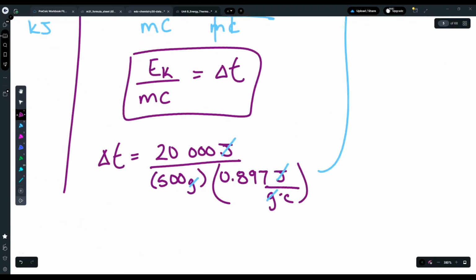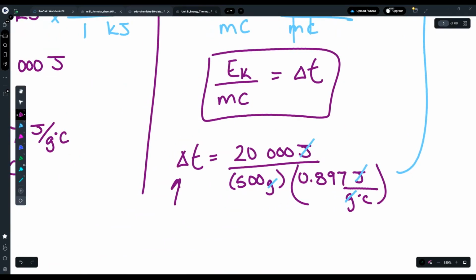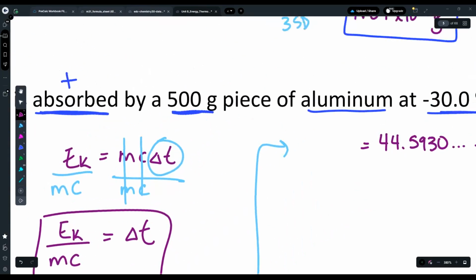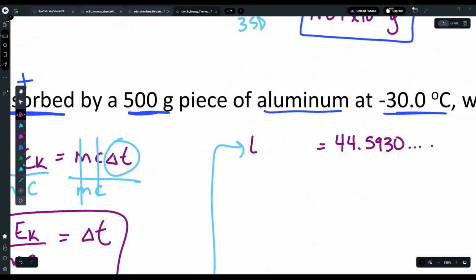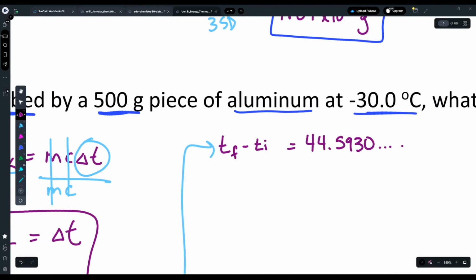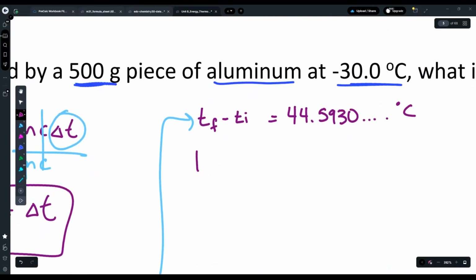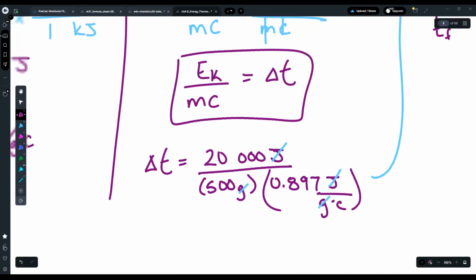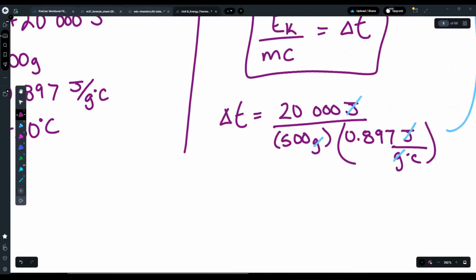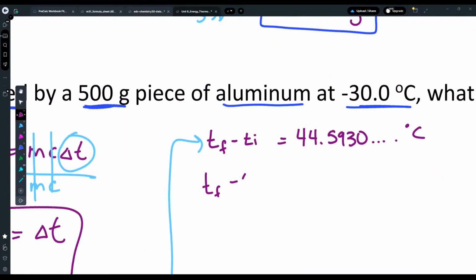Okay, so delta T, I can expand that into final minus initial. So T final minus T initial. Okay, oh, I better put my units there. All right, we know that my initial temperature was negative 30 degrees Celsius.